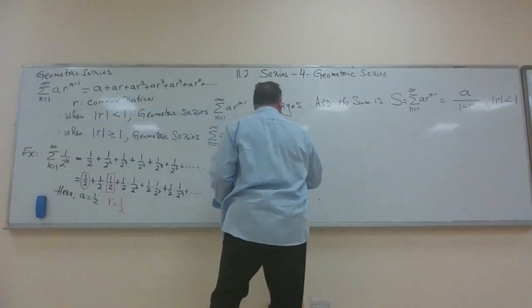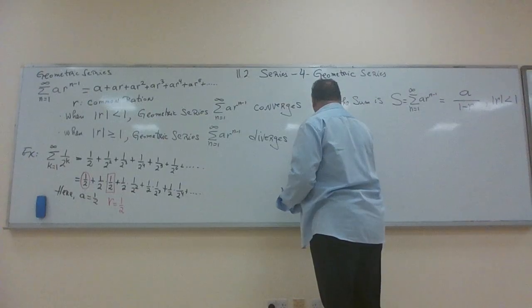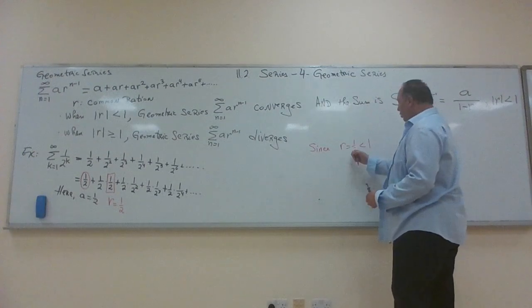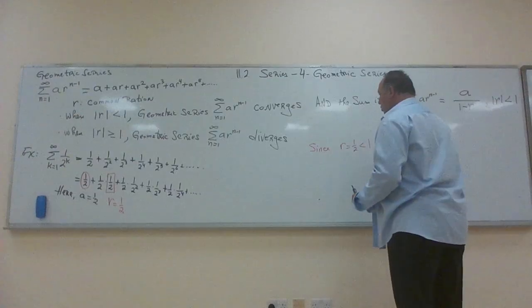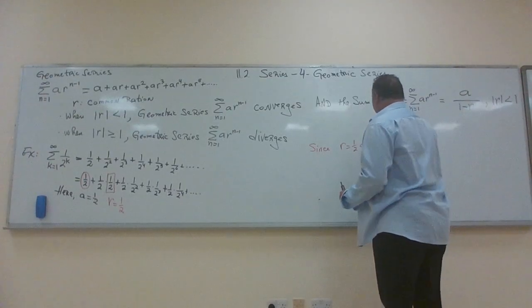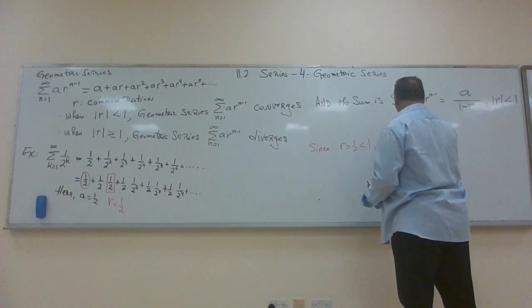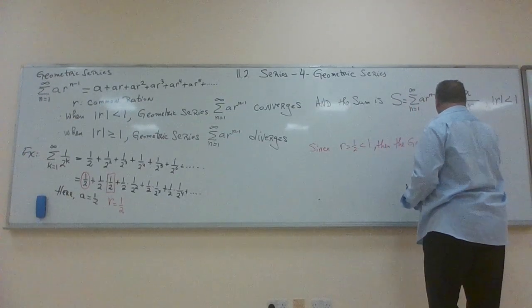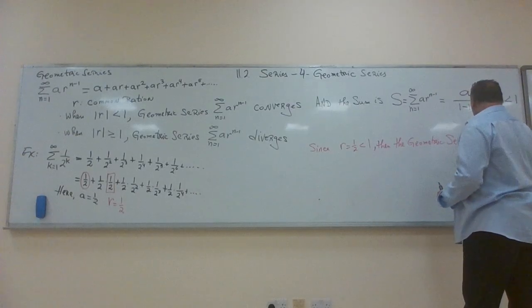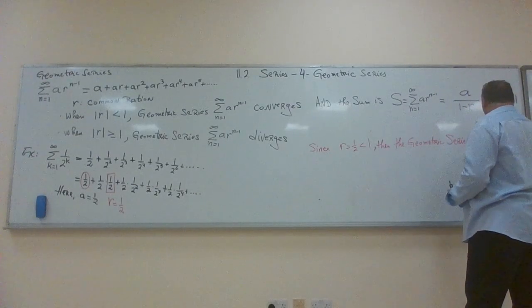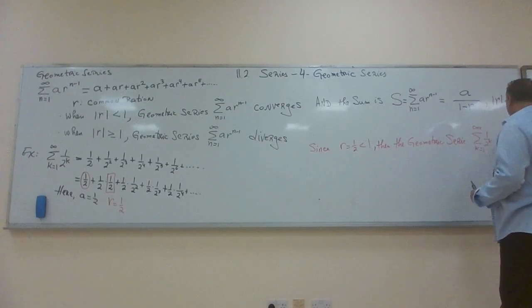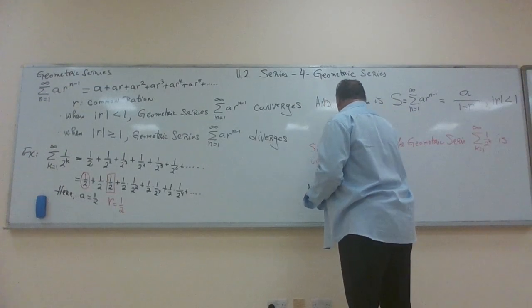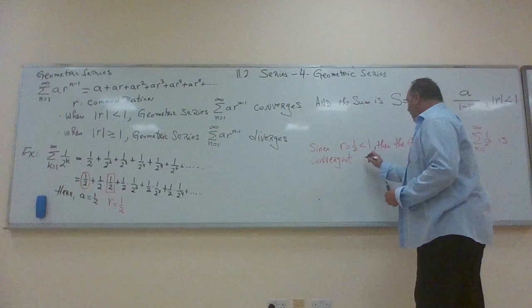So we can immediately say here, since r equal 1 over 2 is smaller than 1, obviously we need absolute value, but here we have 1 over 2, so no need for absolute value in this case, then the geometric series is convergent. We don't need to prove anything.